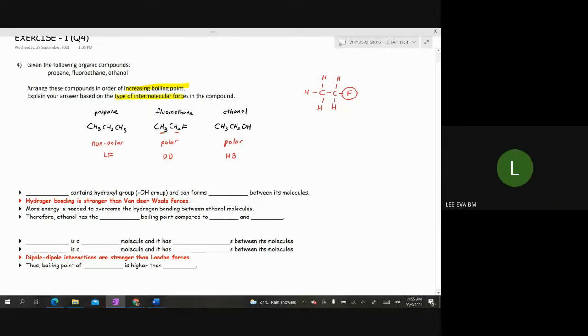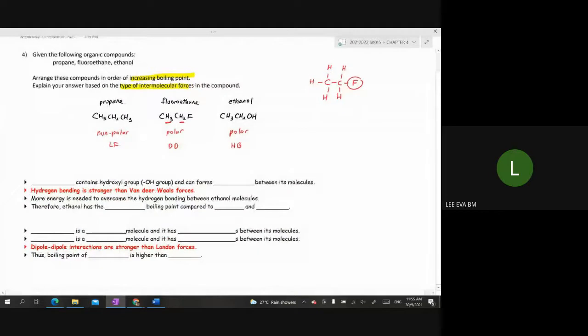Well done. Okay, let's see the explanations. Ethanol contains a hydroxy group. Which one contains a hydroxy group? Ethanol. Either you use the formula or you use the words. So ethanol contains a hydroxy group and can form hydrogen bonds between its molecules. The sentence that Madam highlighted in red is very important.